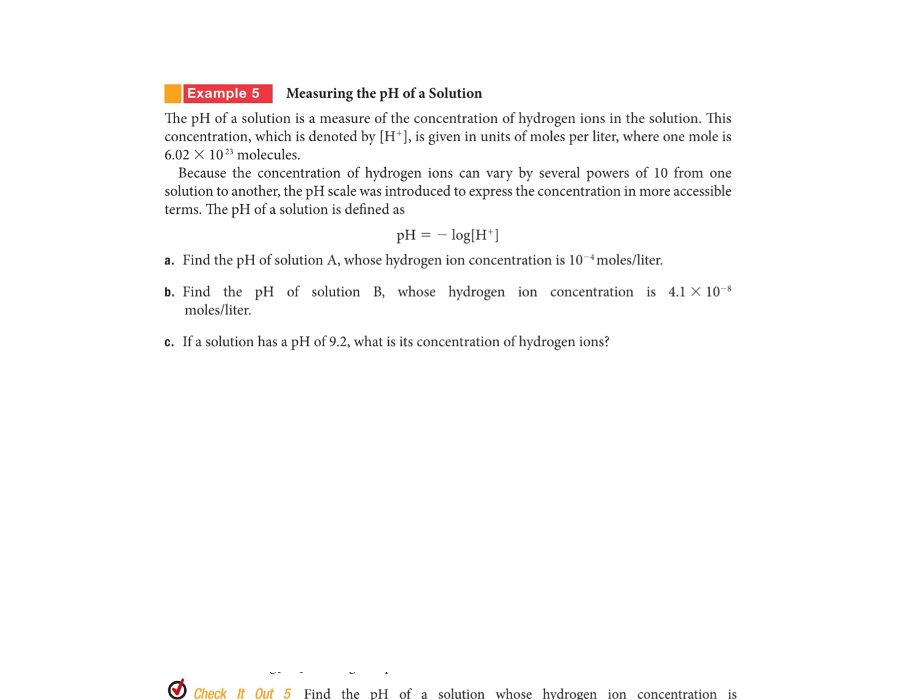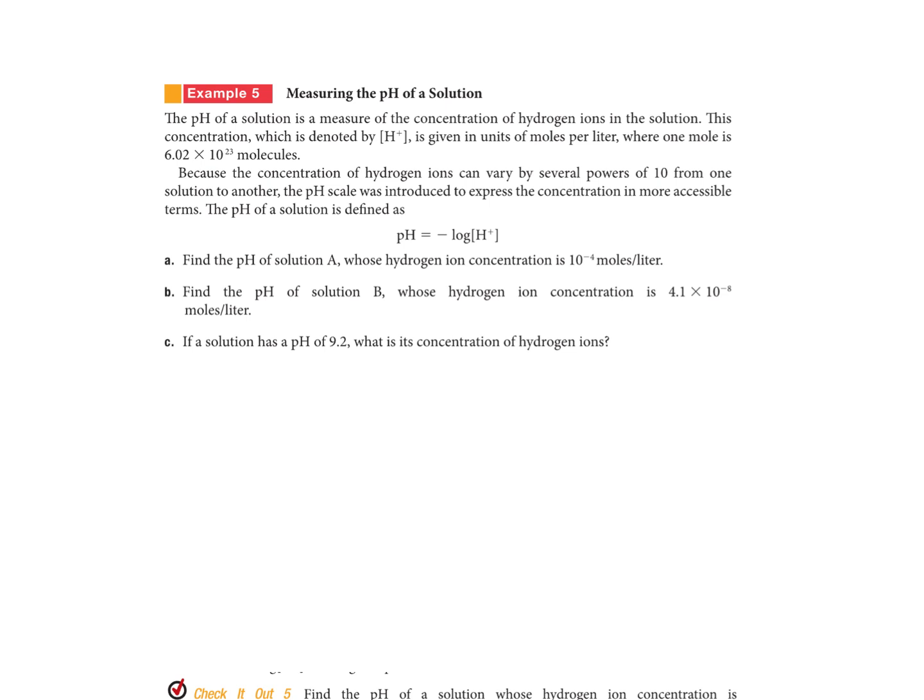Because concentration of hydrogen ions can have several powers of 10 from one solution to another, the pH scale is introduced to express the concentration in more accessible terms. The pH of a solution is defined as pH equals the negative log of H+.